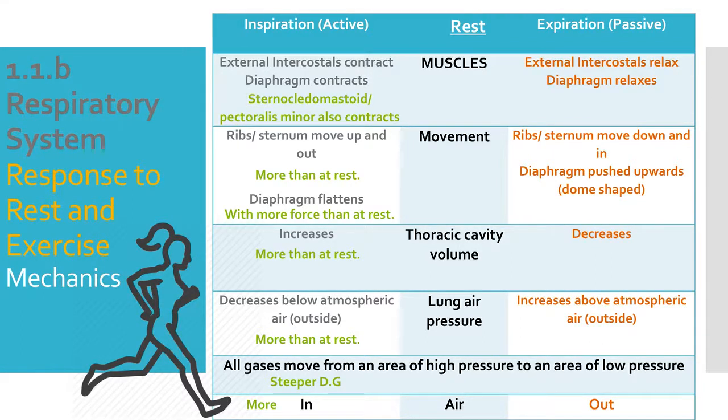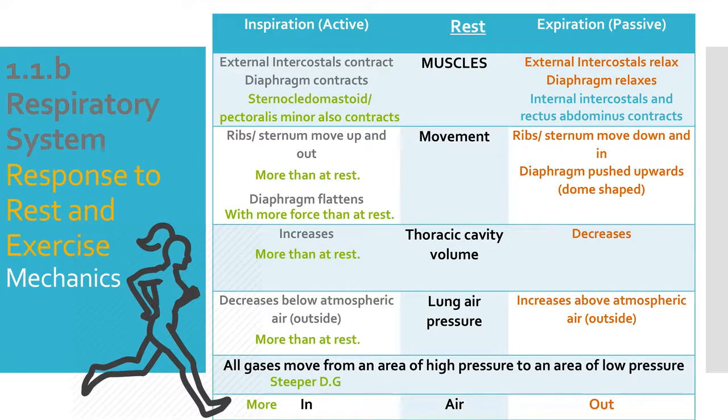For expiration, expiration is no longer passive, so it says passive here. Expiration now becomes active. However, the external intercostals and the diaphragm, they still relax, okay? Because what we'll see later on when we look at control, the external intercostals and the diaphragm are stimulated by the phrenic and intercostal nerves, and they are in the inspiratory centre, so they're still going to relax.